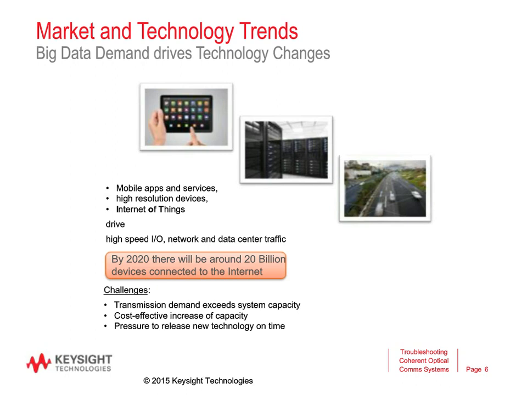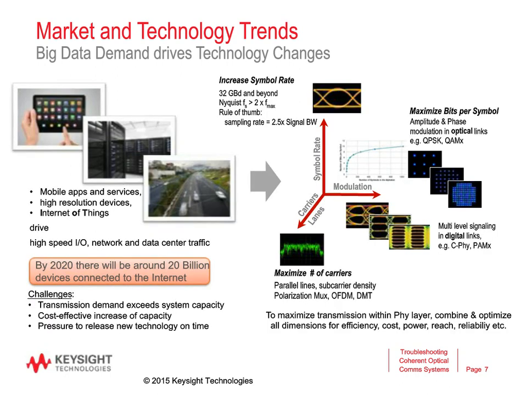There are a couple of things we could do to increase the capacity on existing networks. One is increasing the symbol rate of your modulation, typically 32 gigabaud and even beyond. There's another trend to maximize the bits per symbol, so using higher order modulation schemes also helps to make use of the available bandwidth much more efficiently.